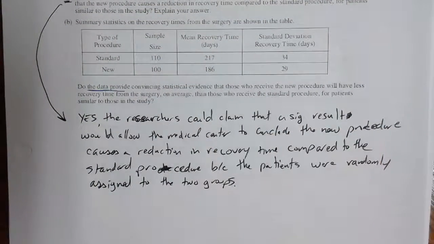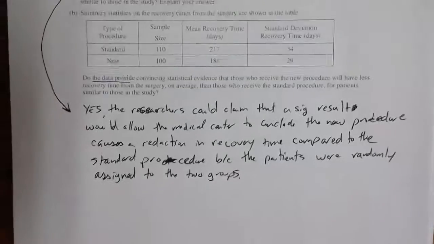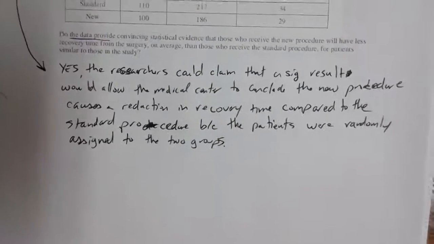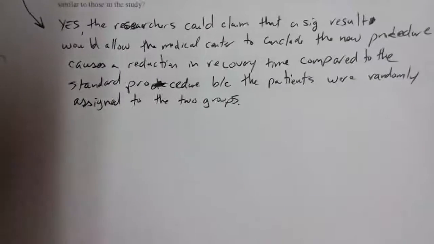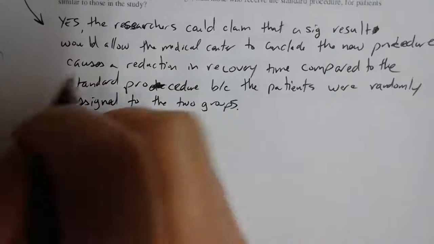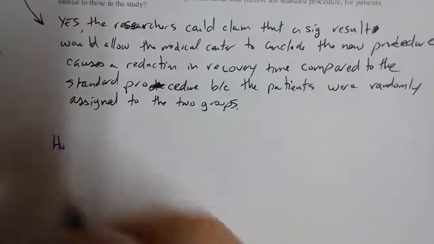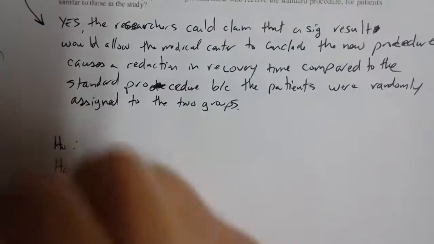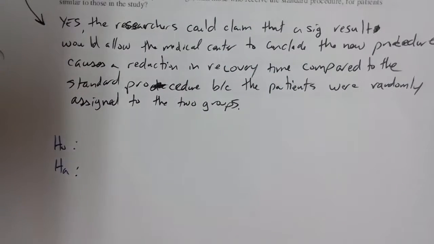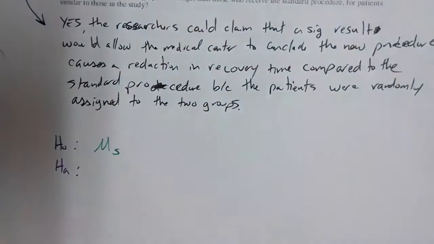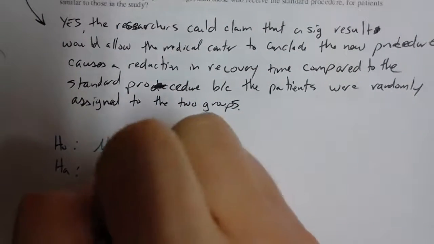So, let's move this down a little bit. We're going to make a null hypothesis, and we're going to make an alternative hypothesis. Let's start with the procedure for the standard. We're going to assume that the mean for the standard procedure is the same as the mean for the new procedure.